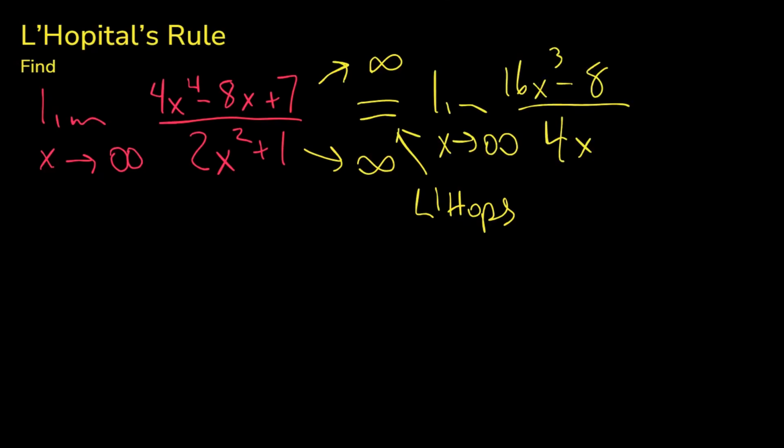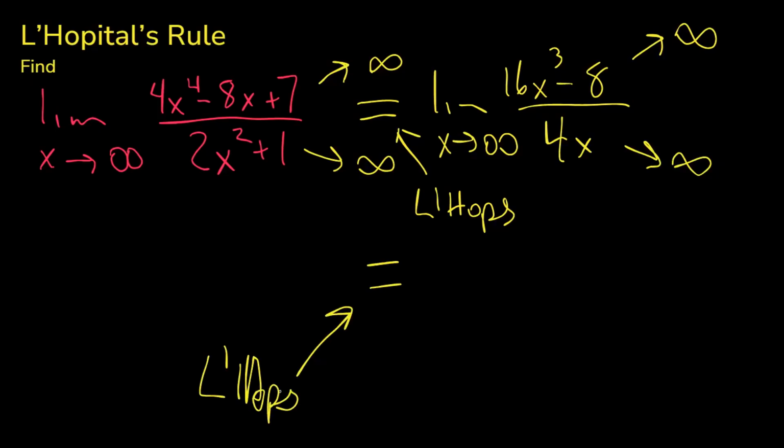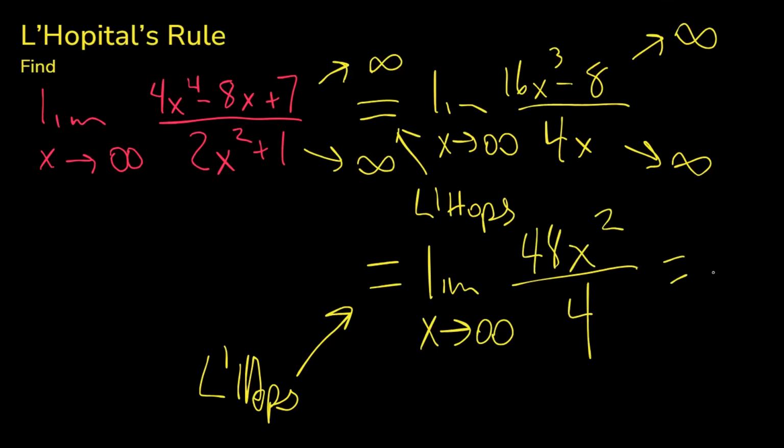But again, here, the limit of the numerator is going to be infinite, as will the denominator. So we apply L'Hopital's rule again. And this is going to be infinity.